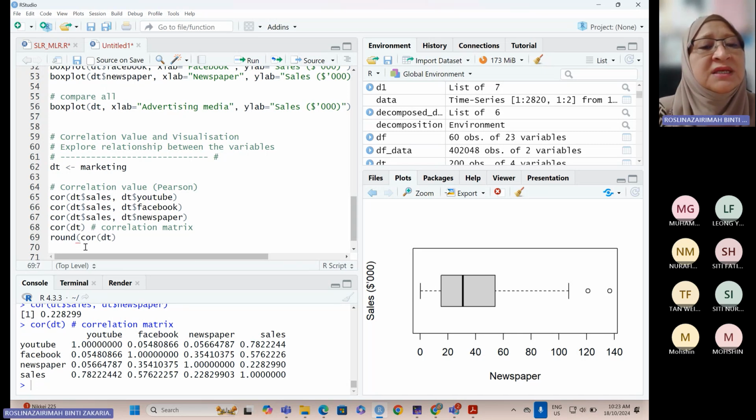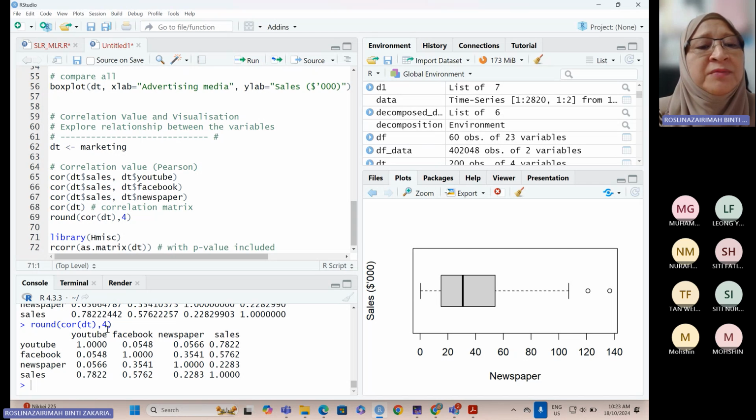Let's say you only want 4 decimal places so it is nicer, so you put the round function and then comma 4. If you want only 2, comma 2. So the round function gives you how many decimal places you want your data to be.